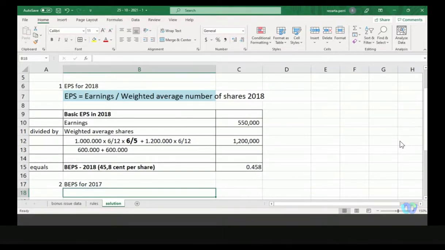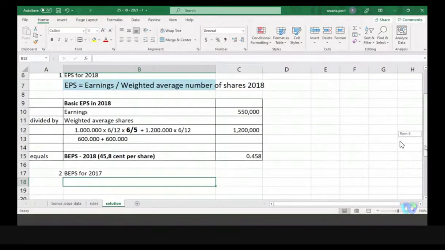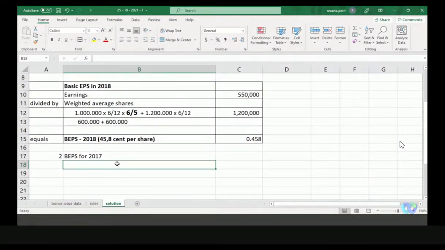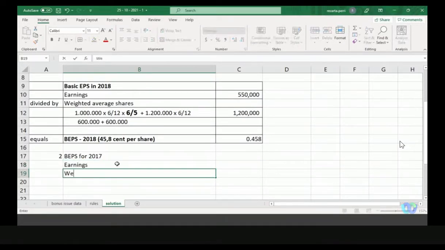So again, to calculate the basic earnings per share for 2017, I will follow the same approach. I will compare earnings to the weighted average number of shares. Again, this belongs to the previous year, so we are referring to earnings for 2017 and the weighted average number of shares of 2017.